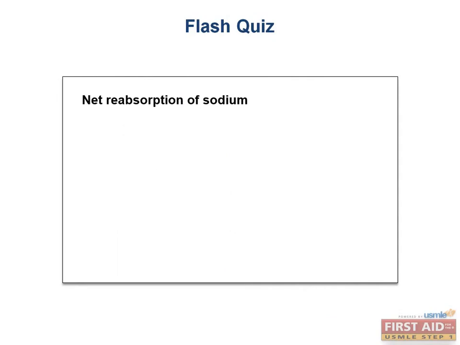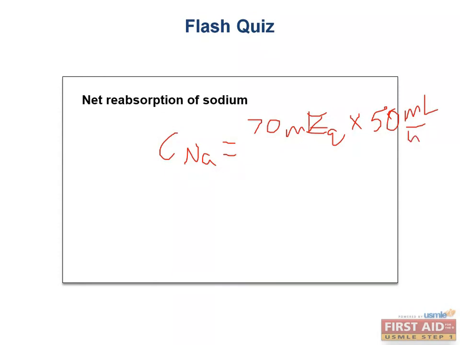Again, using the formula for clearance, and this time the clearance of sodium, we get 70 milliequivalents of urine sodium concentration times 50 mils per hour urine flow rate divided by 140 milliequivalents plasma sodium concentration.